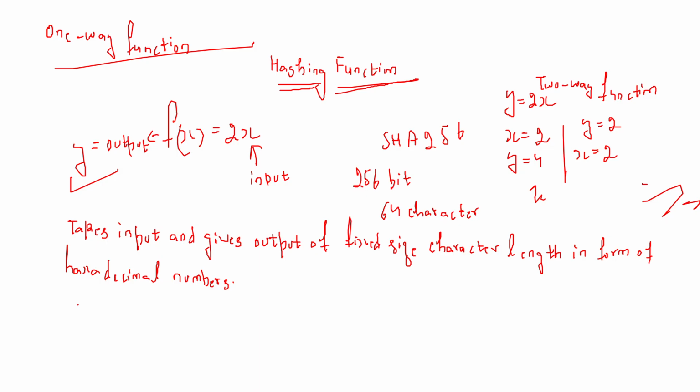I again repeat, if I give the input data, you will be able to get the corresponding hash value, which is a fixed 256-bit hash value if it is the SHA-256 hashing algorithm. But given the output, you will not be able to get back the input. That is why a hashing function is interestingly a one-way function.